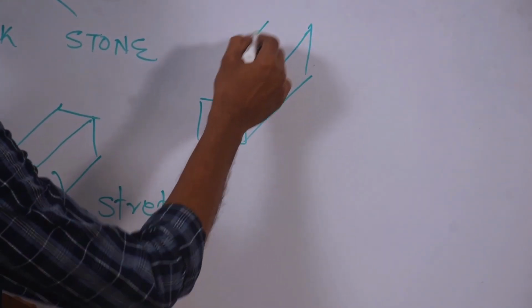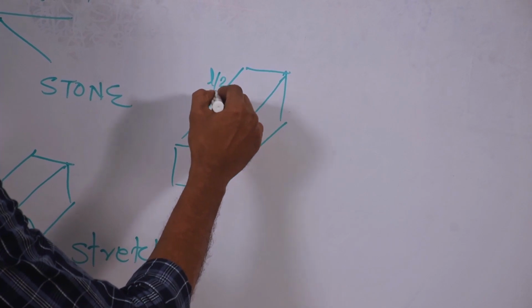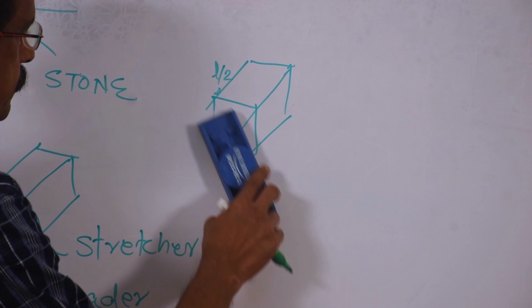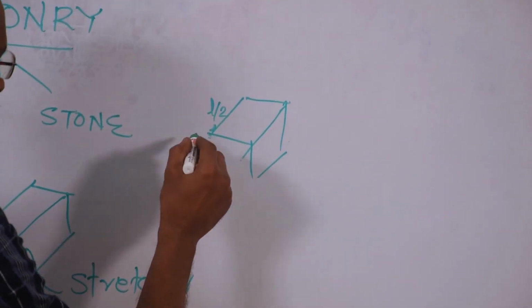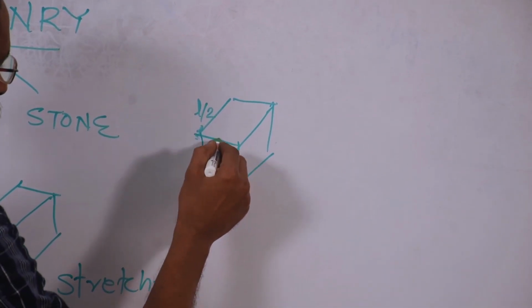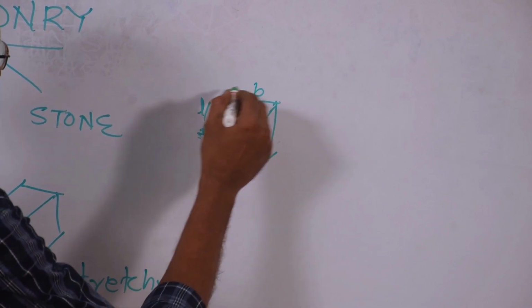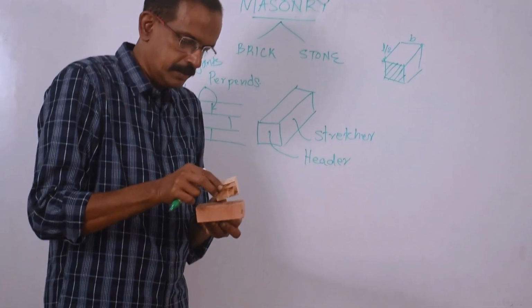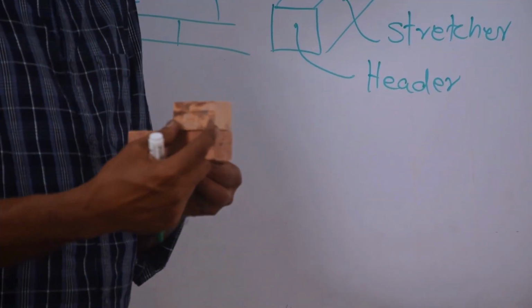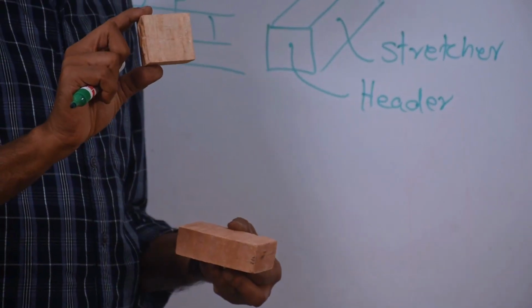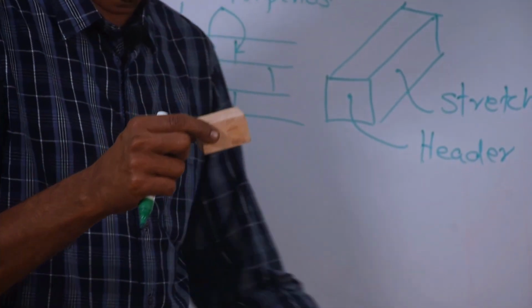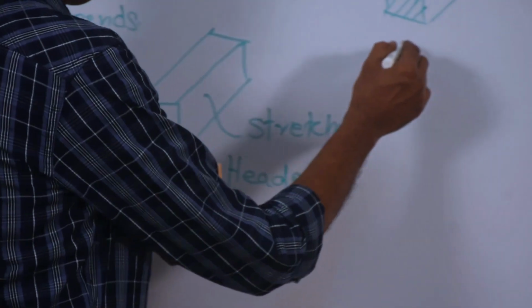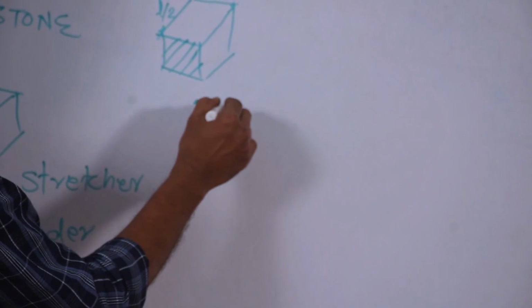Cut into 2 pieces: full width and half length. Such a piece is called a bat.